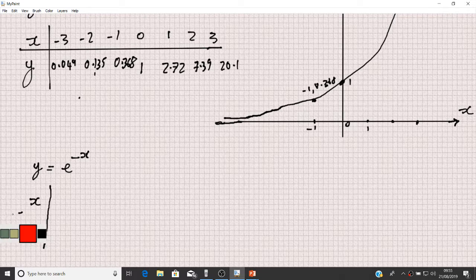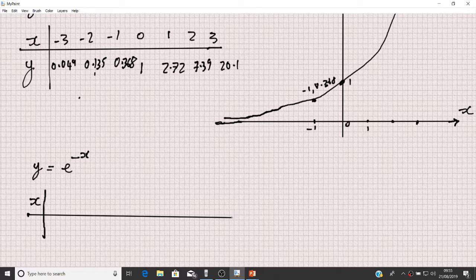So let's do that now. We'll have a range of values of x and work out the equivalent y for each x. So in this table we have x minus 3, minus 2, minus 1, 0, 1, 2, 3, and y.